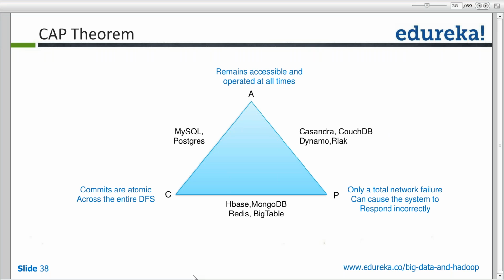So if you use HBase with Zookeeper, it is following all three properties of your CAP theorem, right? If you're using Zookeeper and HBase, your database becomes consistent also, available also, partitioned also, right?